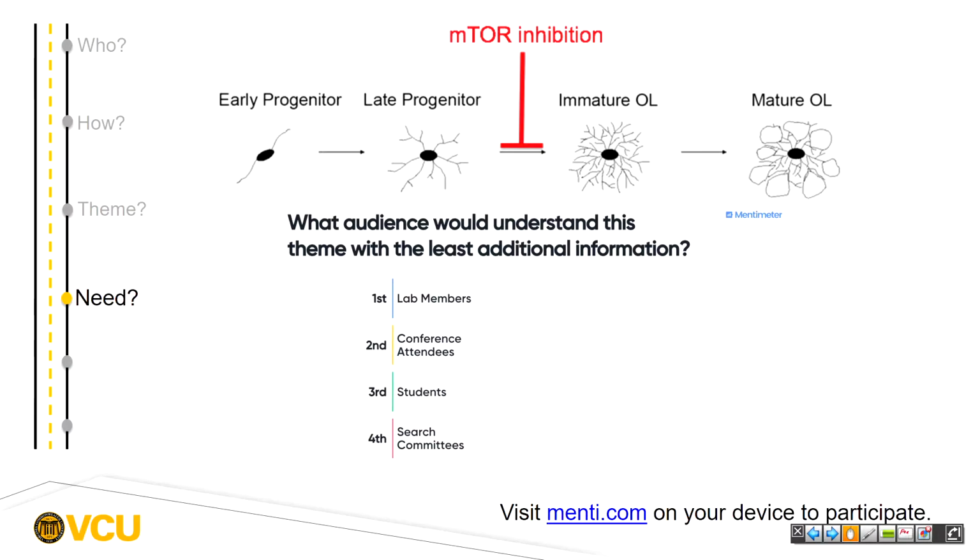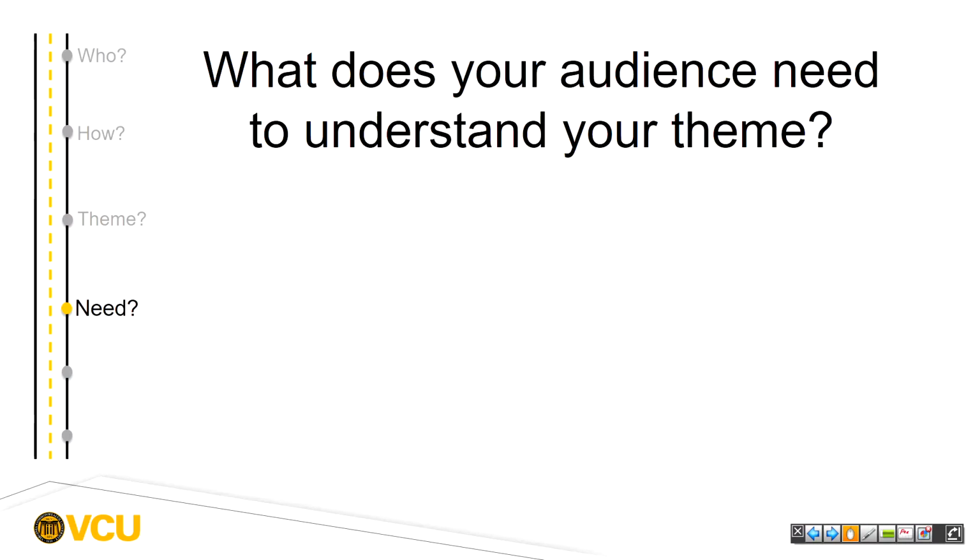Lab members, okay. And who would have the roughest time understanding the hypothesis without more information? Students, or maybe your search committee. If you think about an undergraduate biology department that has 30 faculty members, how many of them do you think study this? I don't know, right? So we have to think about that, okay?